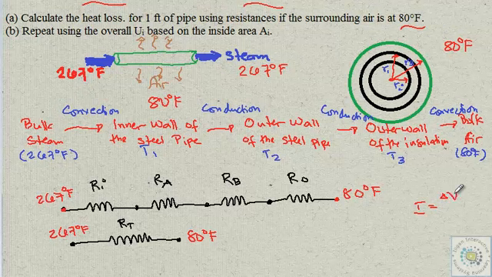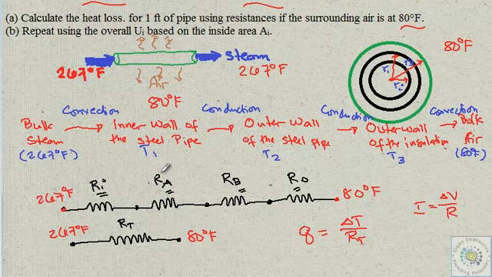Here we have Q, the heat flow which we would like to calculate, equal to delta T, the difference in temperature, simply 267 minus 80, over R total, the total thermal resistance. The big deal now is not the delta T, but how we calculate these resistances. Now let's first evaluate Ra and Rb.